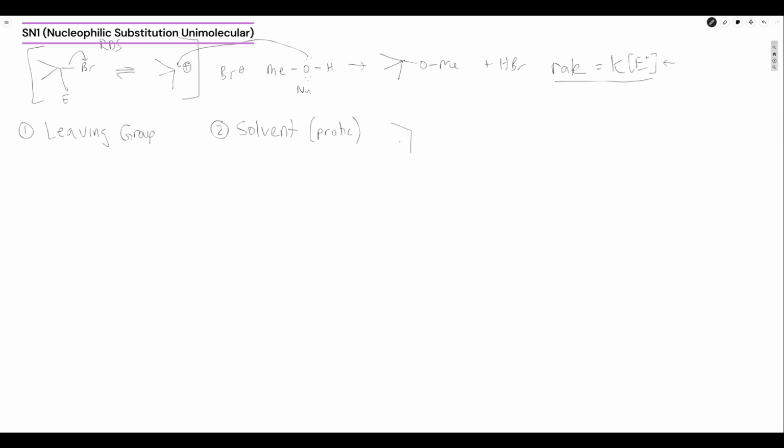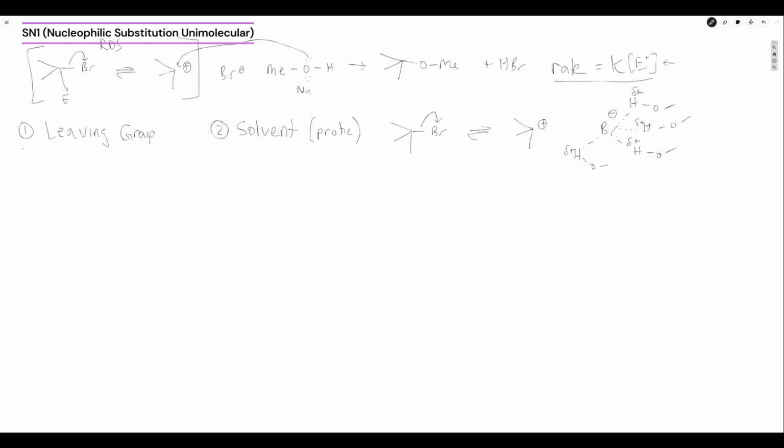And the reason for that is, let's just redraw our first step. The leaving group leaves, and we generate this charge separated species. Now, if you have a polar protic solvent like methanol, then it can hydrogen bond with the leaving group, like so.